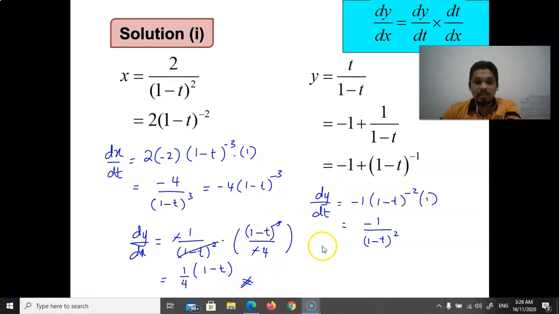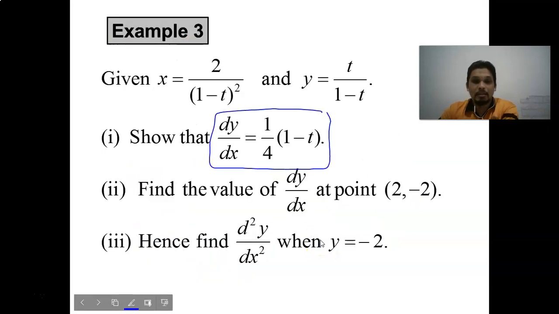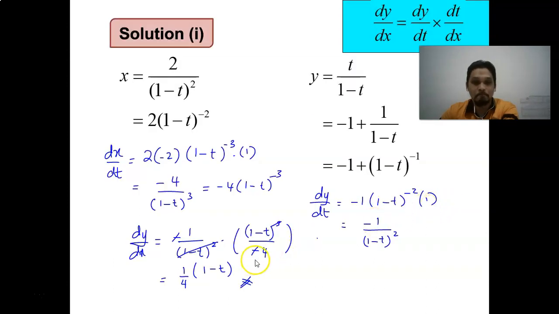Now let's move to the next question. Find the value of dy/dx at the point x equals 2 and y equals negative 2. So the question is to find the value of dy/dx at the point (2, negative 2).